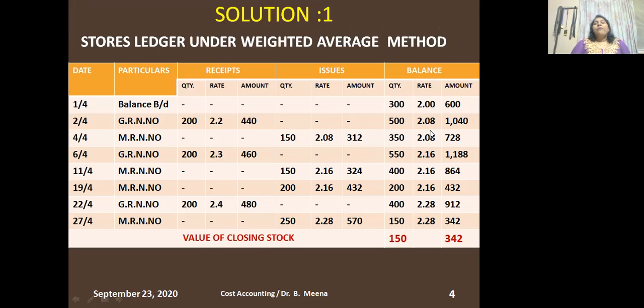Whenever you are receiving materials, a new rate has to be calculated after receipt of materials by using the formula: value of stock divided by quantity in stores. The new rate will be calculated in the balance column. I think all of you are able to follow my explanation.